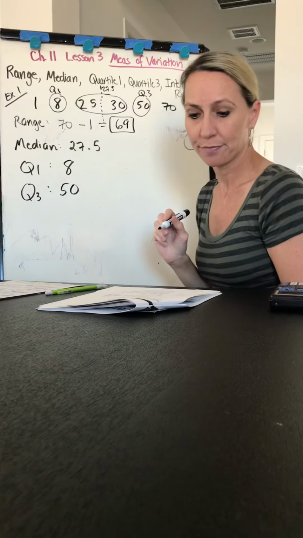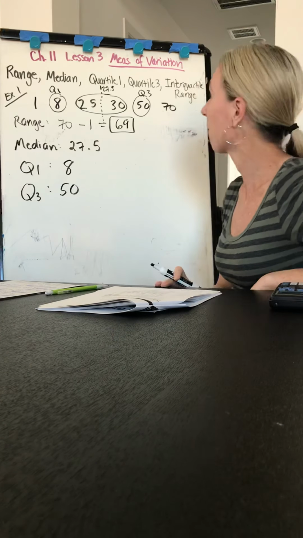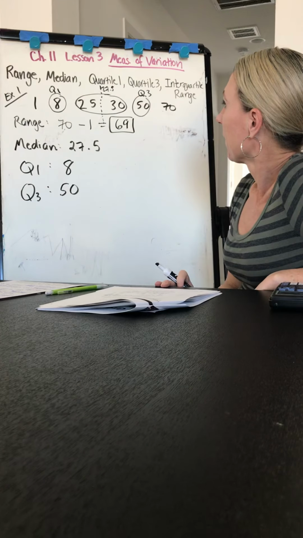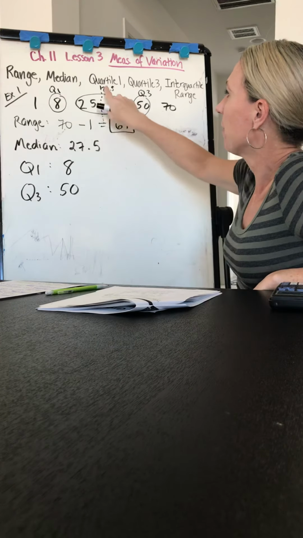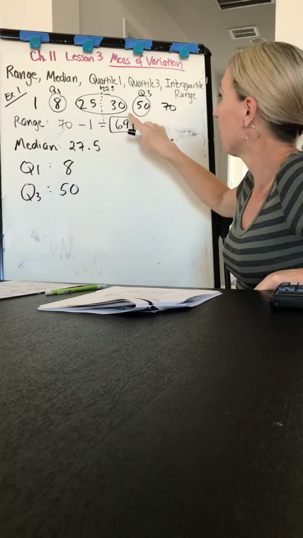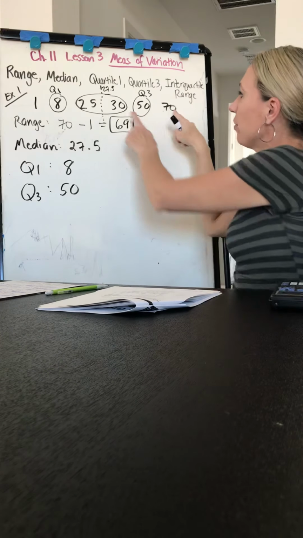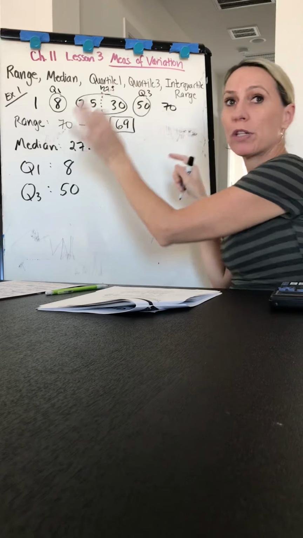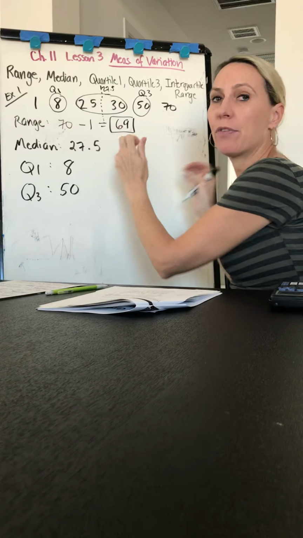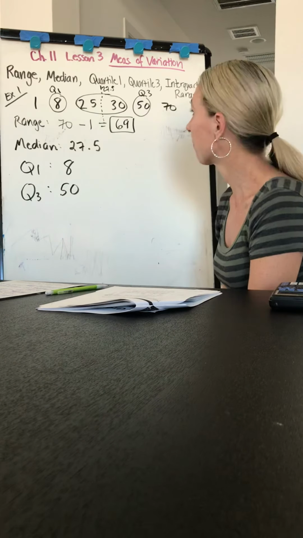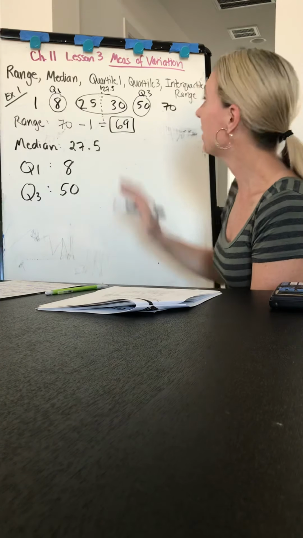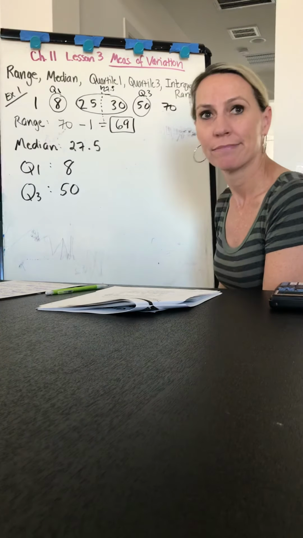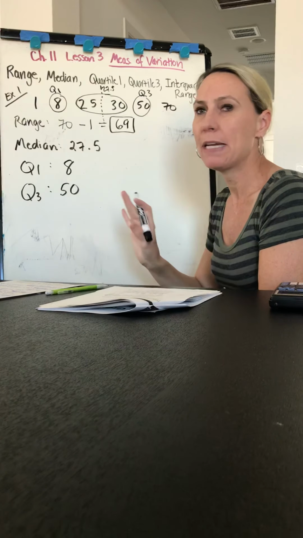What happens if it's an odd amount of numbers, so the median is one number? Oh, that's okay. If the median's one number, you still just do the same: you don't include the median, and you do everything on the right and everything on the left. If 27.5 was an actual number on the number line, you would skip it. You're not really including the median either way.